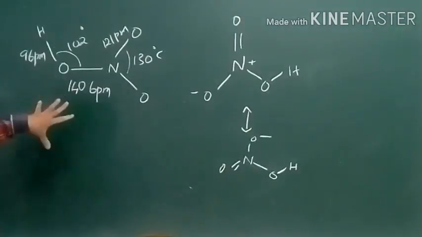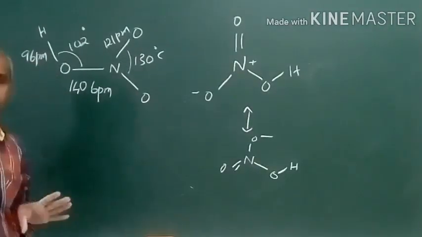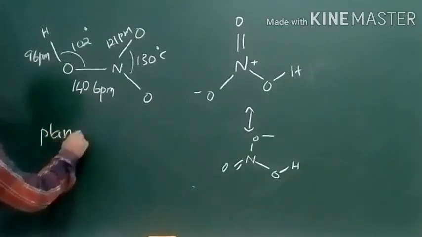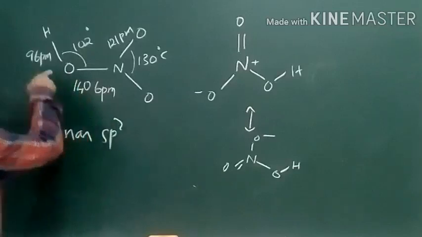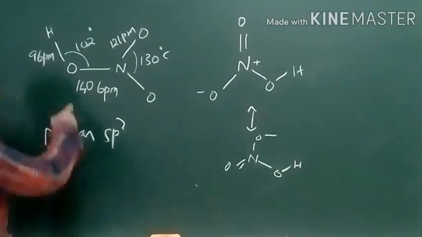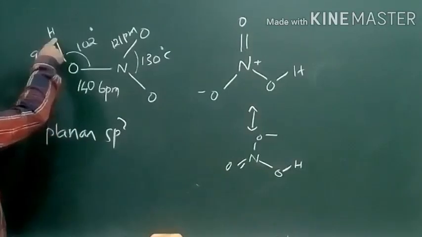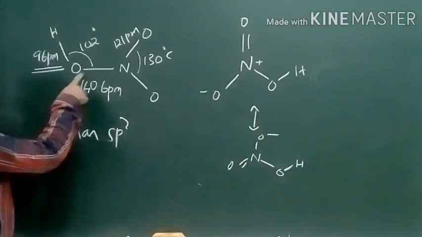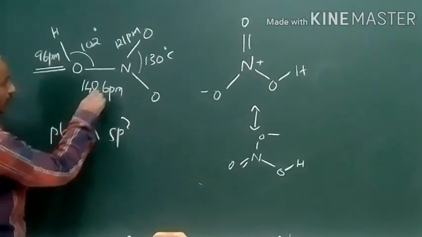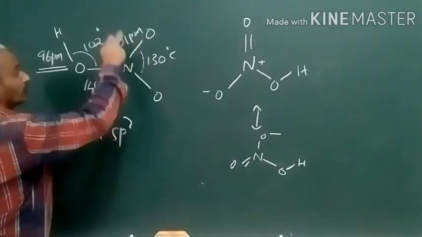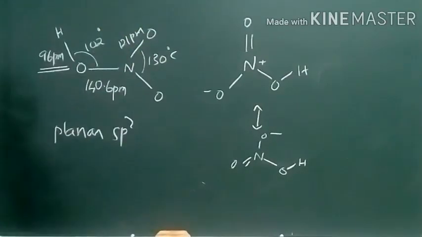As I said earlier, it is planar because of sp2. See, this is the structure. And remember here, the OH bond length is 96 picometer, the ON bond length is 140.6 picometer, and the NO bond length is 121 picometer.